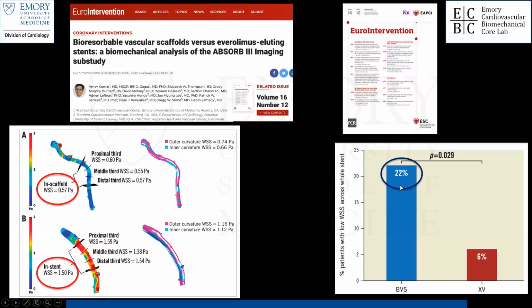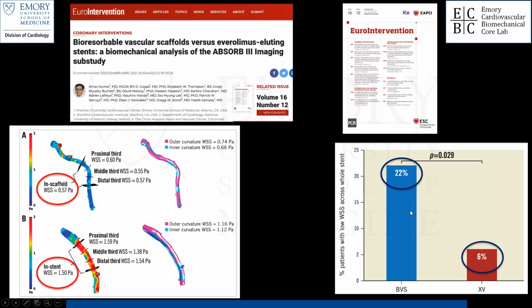Now, as many as 22% of the BVS stents demonstrated low shear stress immediately after implantation, while only 6% of the Xience stents did.